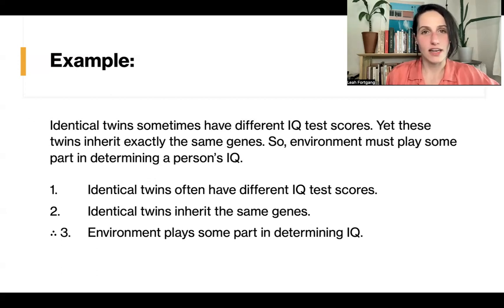Well, identical twins often have different IQ test scores, but identical twins inherit the same genes, right? So what you might think of as an implicit premise here is that the only other thing that impacts someone's IQ score is the environment they grew up in. Therefore, the environment must play some role in determining a person's IQ.